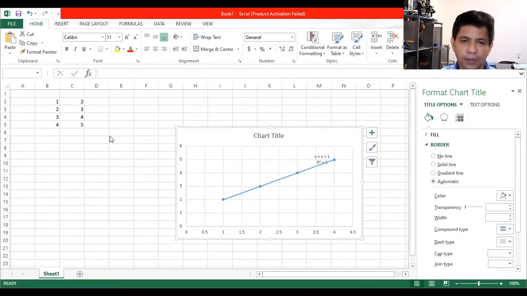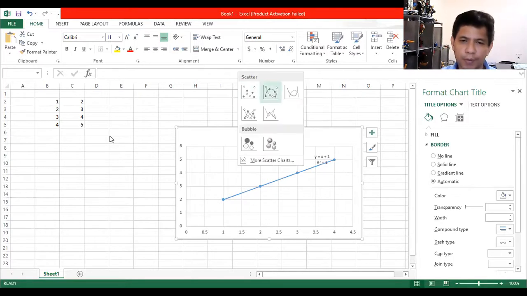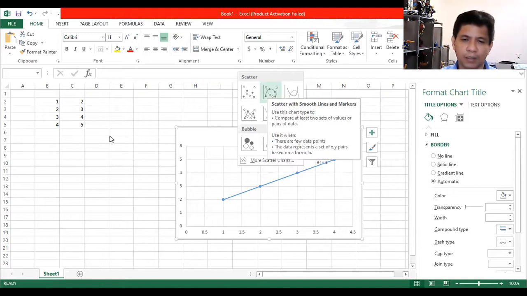Insert scattered or bubble chart. Probably mas maganda to, this one, scattered with smooth lines and marker. So, you just click this one.